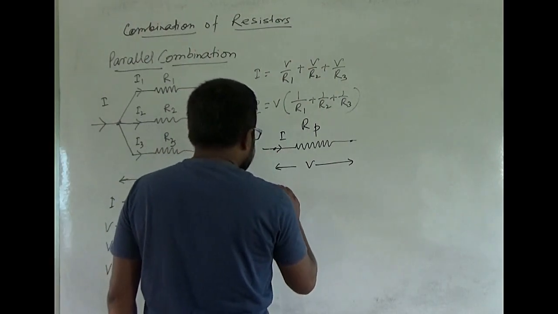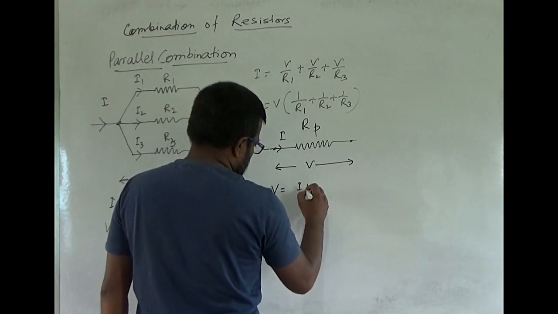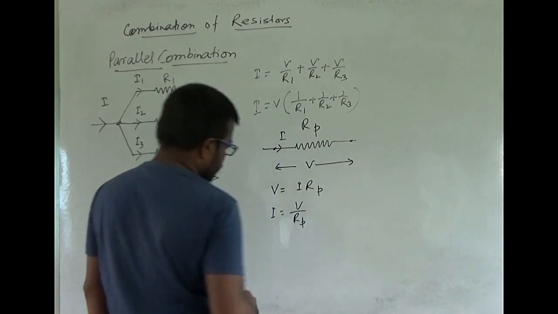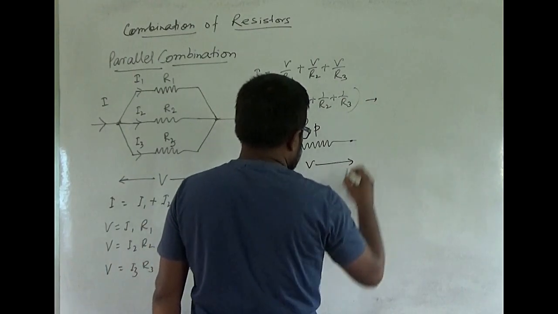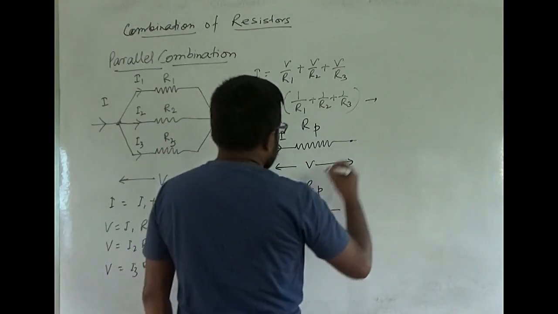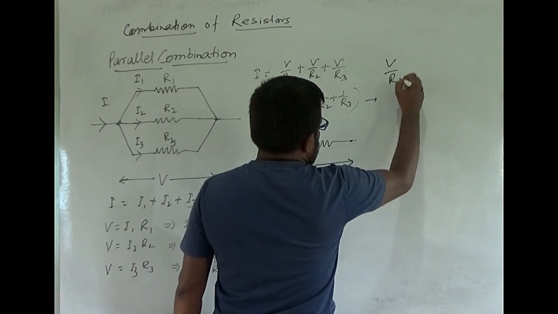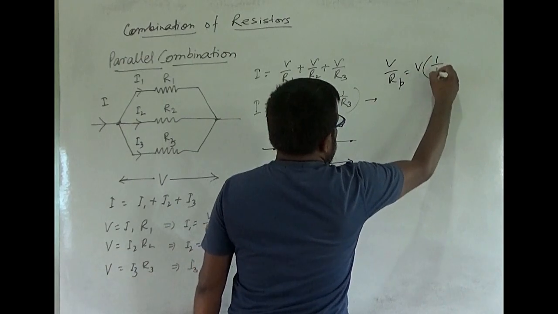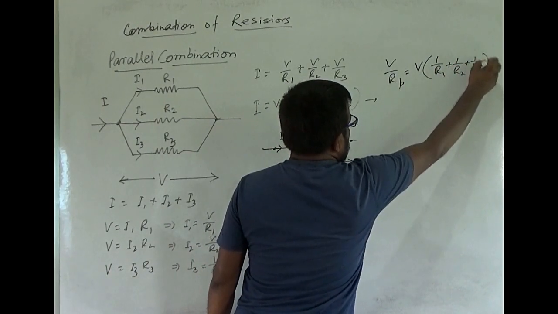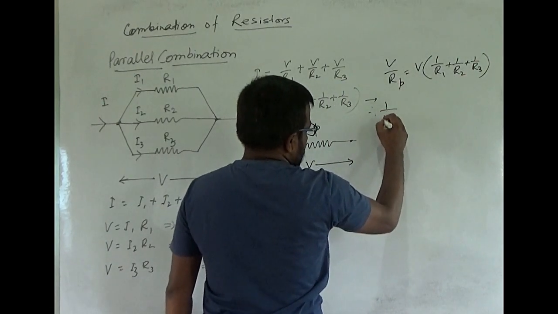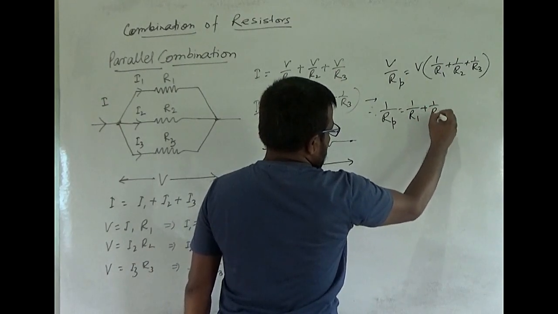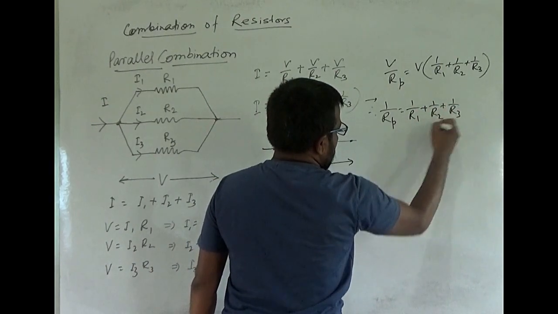Applying Ohm's law, we can write V equals I into Rp, or I can be written as V by Rp. Now compare this one and this one. Then we get V by Rp equals V into (1 by R1 plus 1 by R2 plus 1 by R3), or we may write 1 by Rp equals 1 by R1 plus 1 by R2 plus 1 by R3.